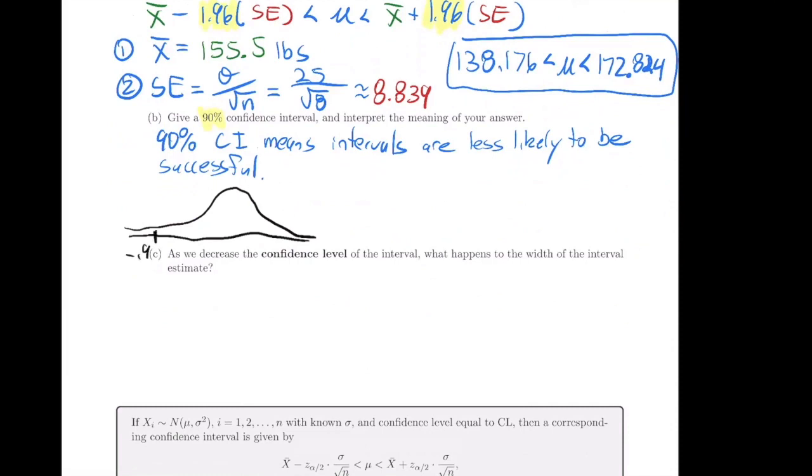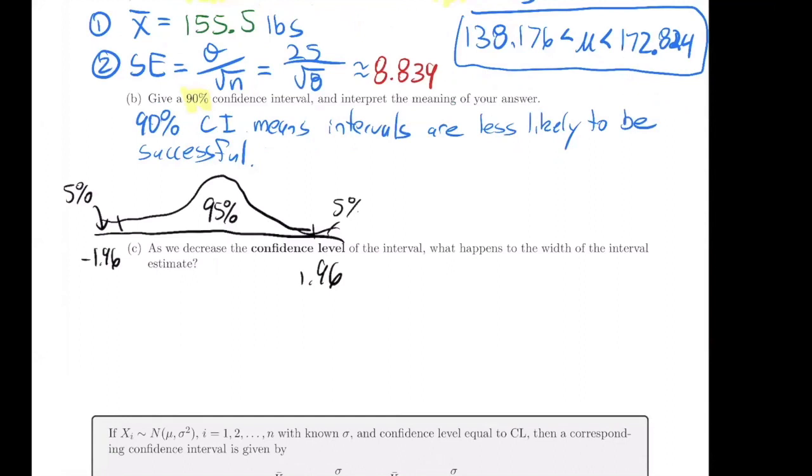And so what we saw is if we go kind of 2 below and 2 above, that's going to contain 95% in the middle, which means we have 5% missing. No, that means we have 2.5% missing on each side.